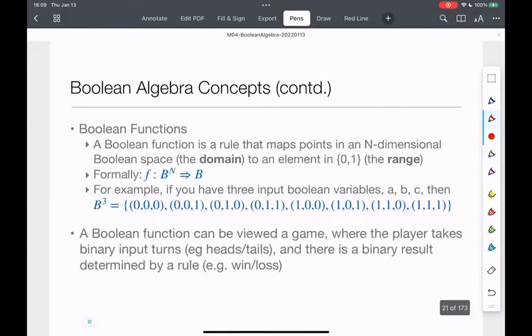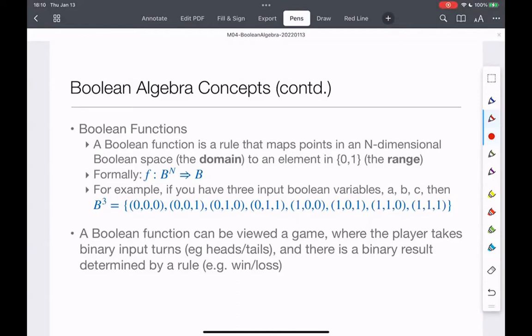A Boolean function, you can think of it as a little bit like a game, where the input corresponds to the assignments to those variables. You can think of them, in our case because there are 2 values, like a coin toss or something like that.